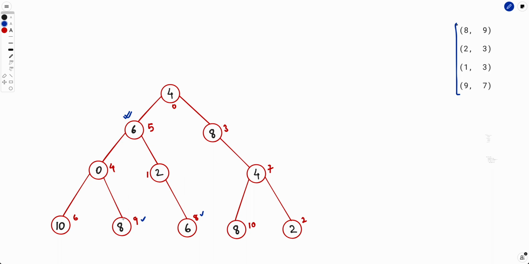The simplest, or quickest, thing you can do is simply go up one by one from each of these nodes. So from 8 you go up one, from 6 you go up one, you will reach this and this, right? Now again from here you will go up one, and from here you will go up one, and finally you reach the same node.